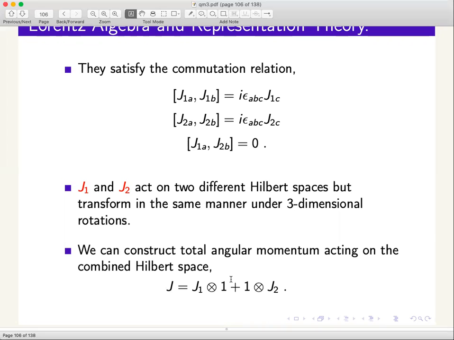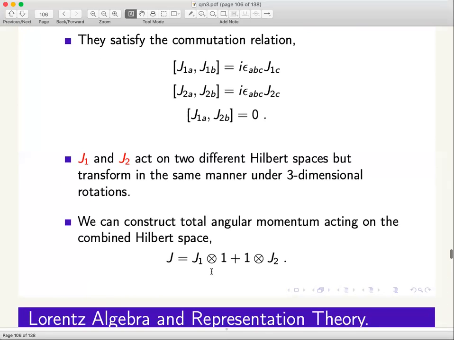You actually write them in this fashion: J1 acts on the first Hilbert space, one acts on the second, plus one acts on the first Hilbert space, and J2 acts on the second. That is how you construct the new total angular momentum. Practically, what you do is exactly what you do in quantum mechanics, but to write it in a correct fashion, this is what you would have done.